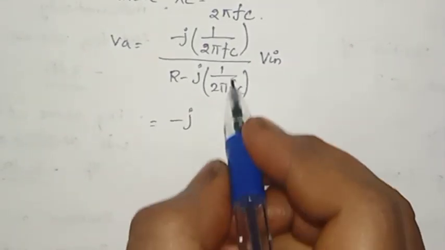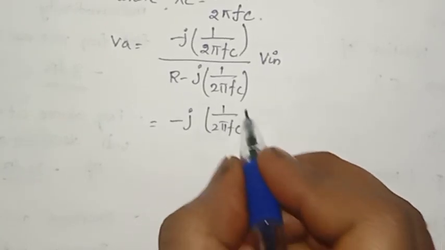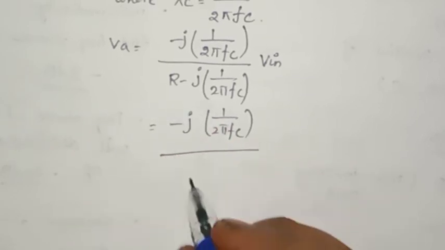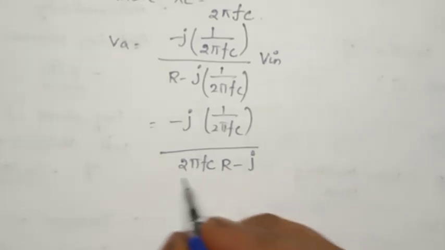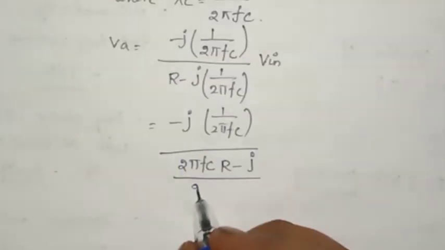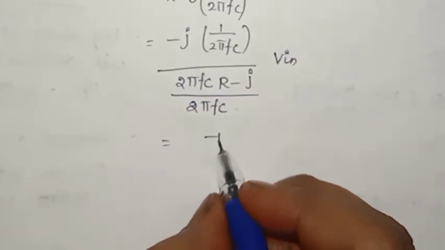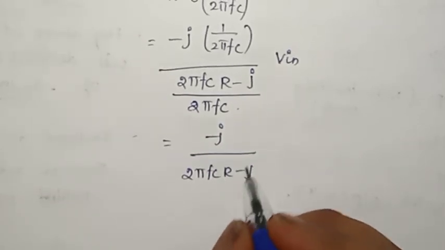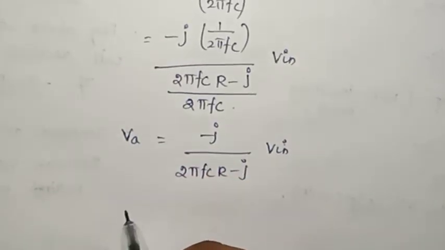Here, taking 1 divided by 2 pi FC out, that is 1 divided by 2 pi FC divided by, here no 2 pi FC, so multiply and divide by 2 pi FC in R, so 2 pi FC R minus j whole divided by 2 pi FC, into V in. 2 pi FC gets cancelled, so remaining is minus j divided by 2 pi FC R minus j into V in. This is the VA value.